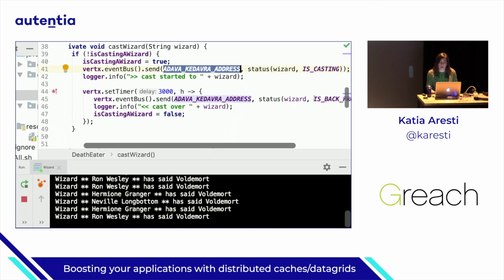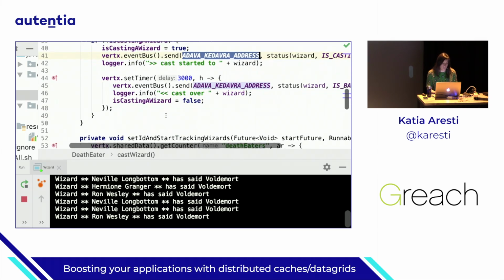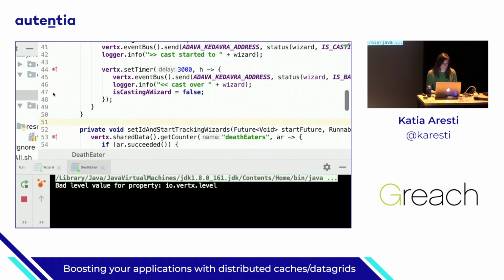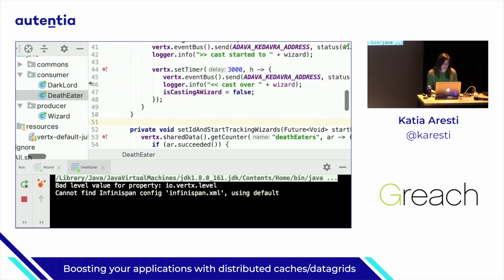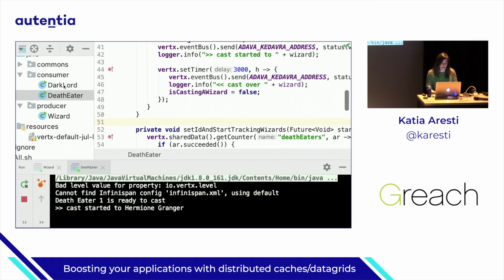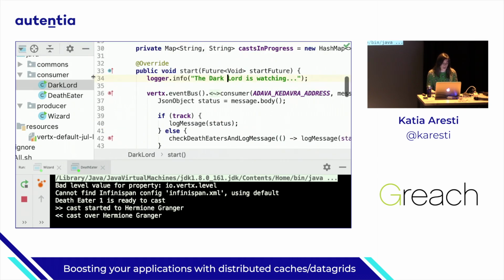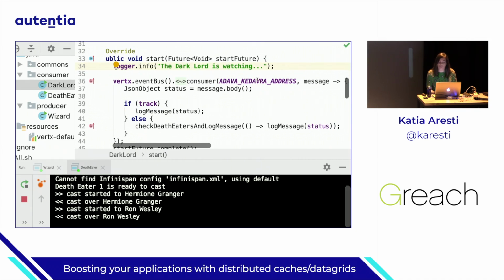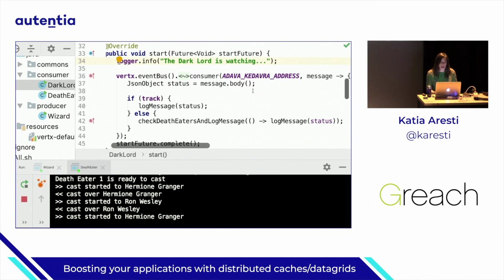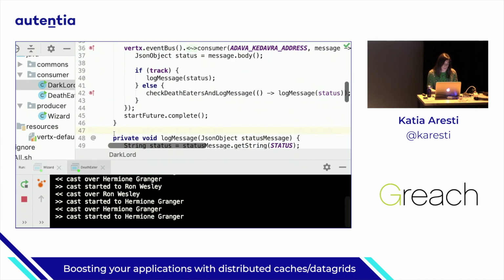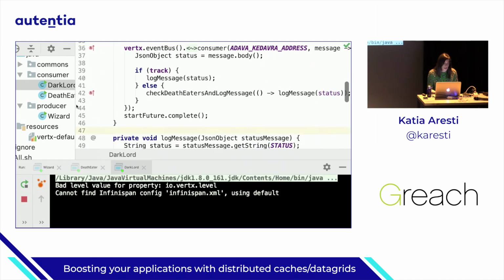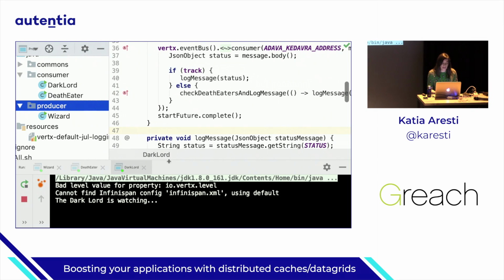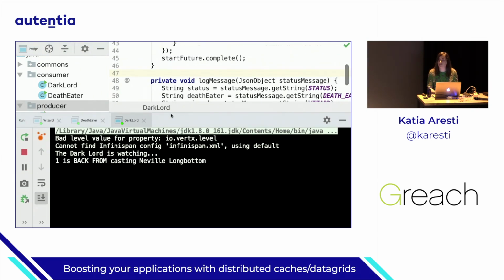After 3 seconds, I'm over, and casting is over. And the Dark Lord here is just consuming messages from the Avada Kedavra address and logging stuff. Those are communicating with a clustered event bus on my machine, but it could be in different JVMs.